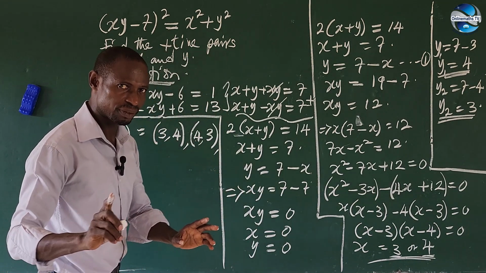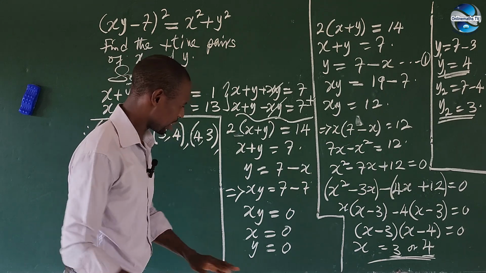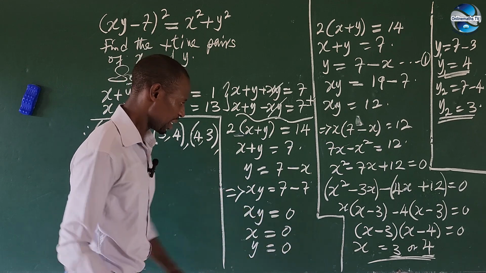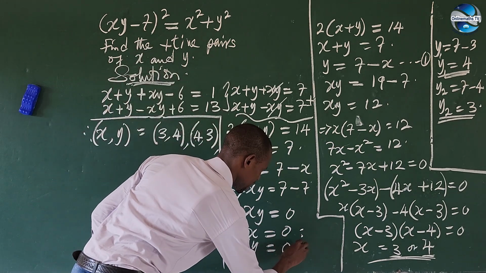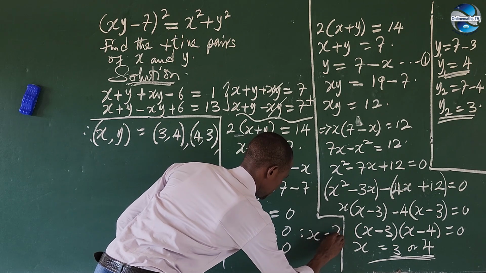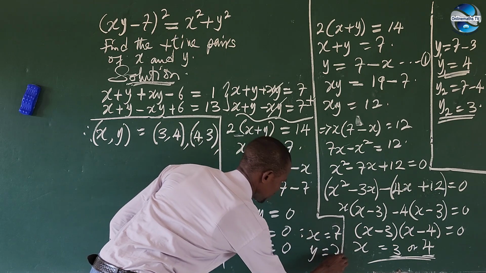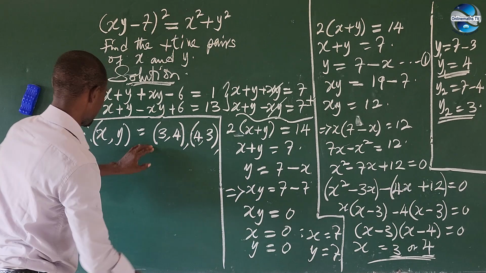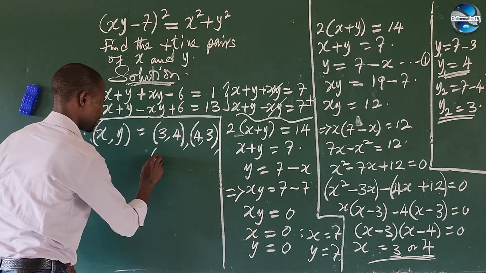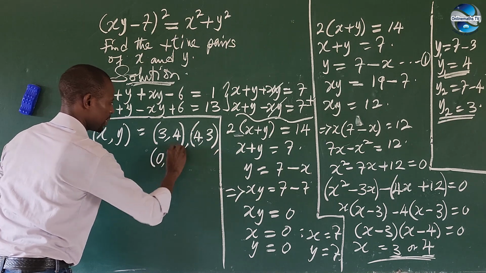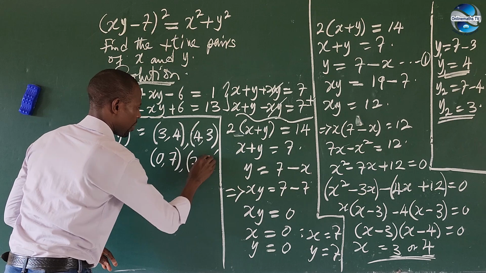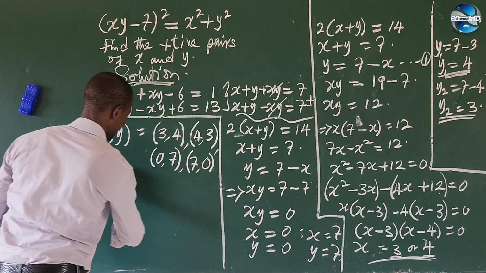Then the next one, from the deduction I just made, x is 0 and y is 7. So x is 0, y is 7, close bracket, (0, 7). And we will have x to be 7 and y is 0, (7, 0).